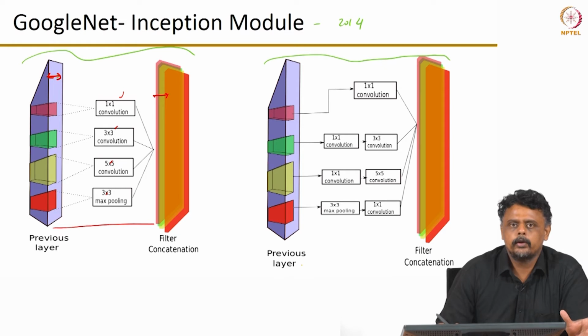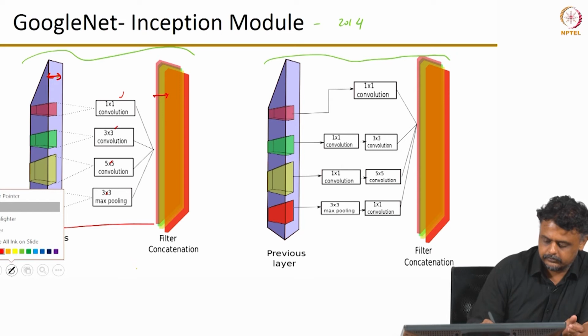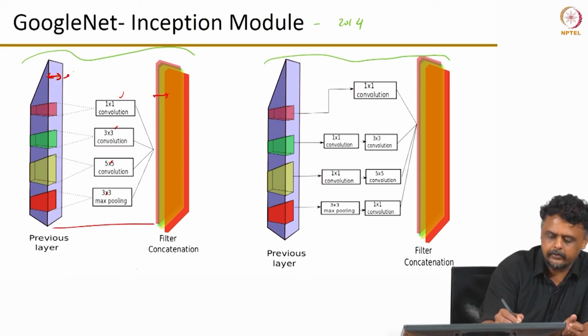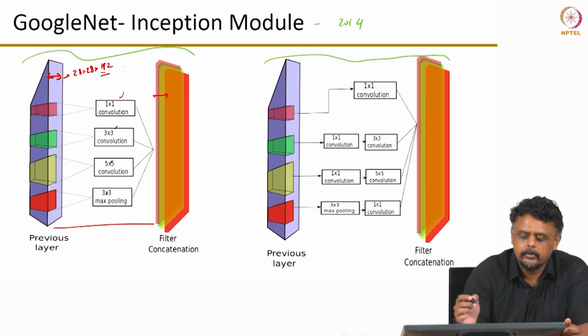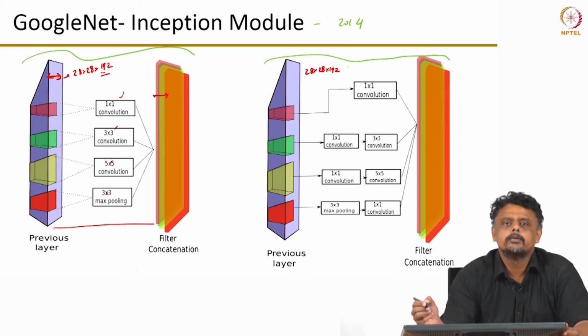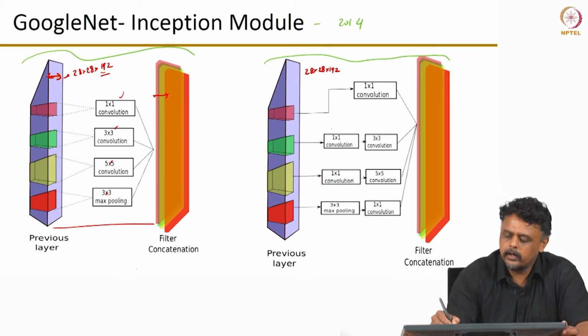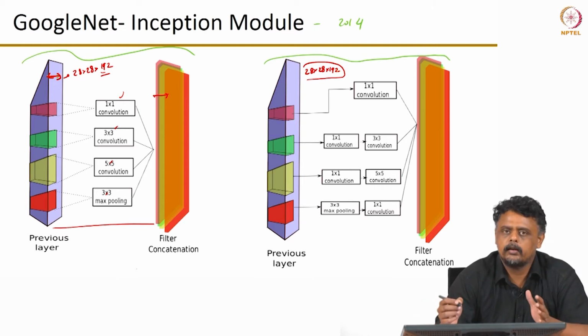So if your input layer has, let us say, 28 cross 28 cross 192 inputs, so many feature maps, this is where we are going to do the 1 cross 1, 192. We would use the 1 cross 1 convolutions to project this number of feature maps to a smaller number, to a smaller volume.